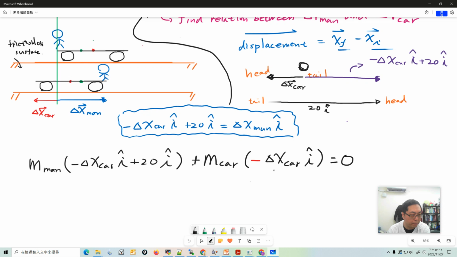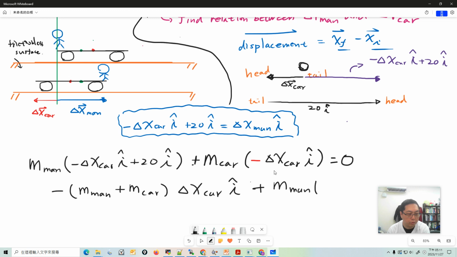So we will have minus m man plus m car, delta x car i, plus m man times 20 i, equal to 0.